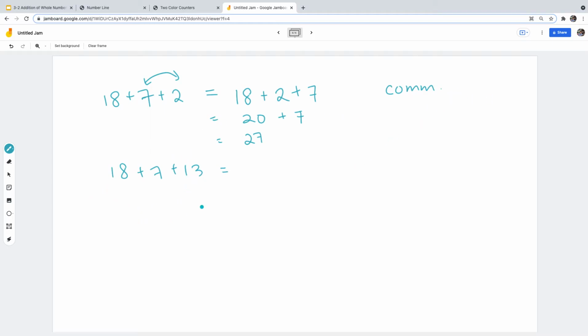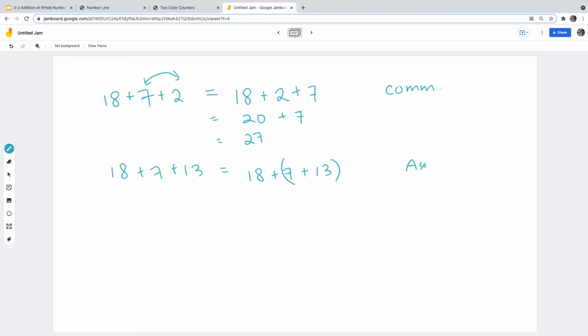How about this one? I see 7 and 13 makes 20. So I'm going to add these two before I add the others, instead of adding the first two together. So what property do I use?